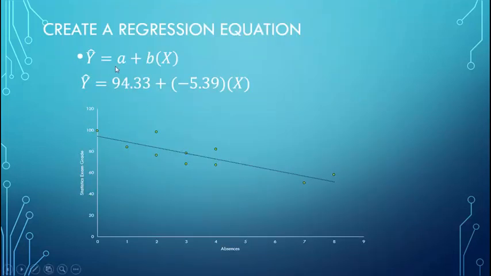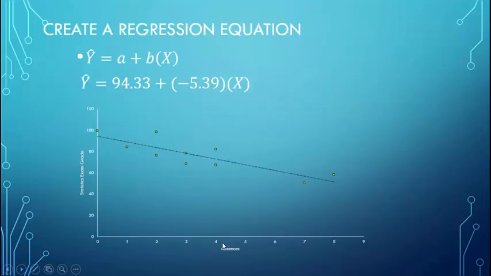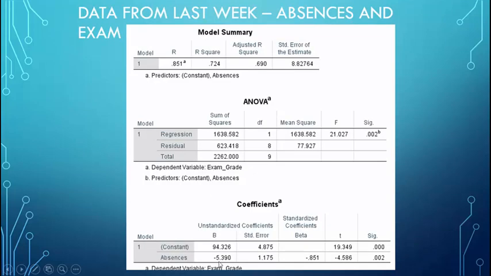So the equation for the line is A, which is the y-intercept, plus B, which is the slope, times x. So the y-intercept, 94.33, is coming right from here, plus a slope of negative 5.39. And it's right here, negative 5.39.